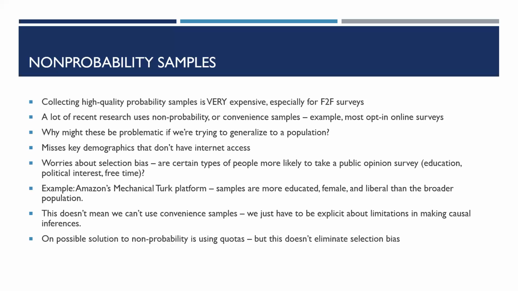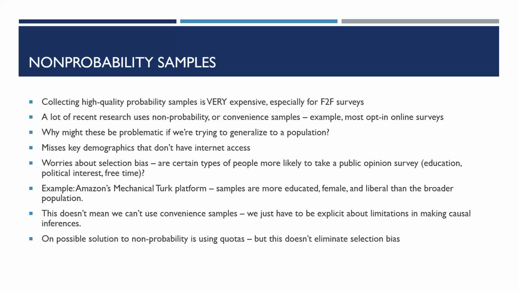And another way we can eliminate some of these problems, but not the big selection bias one, is that in convenient samples, we can use quotas. So again, we'll think about whatever we think important characteristics are for a political science survey. Maybe that's something like gender, partisanship, race, religion, any of these things.